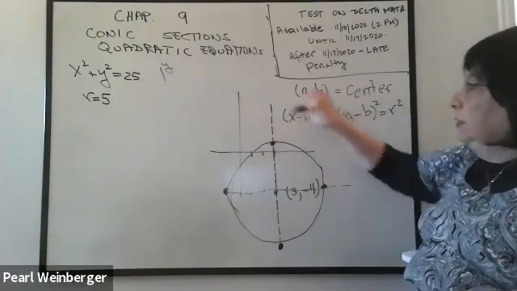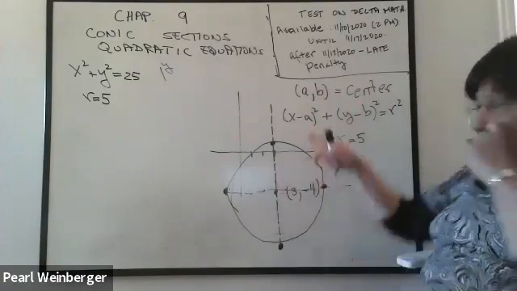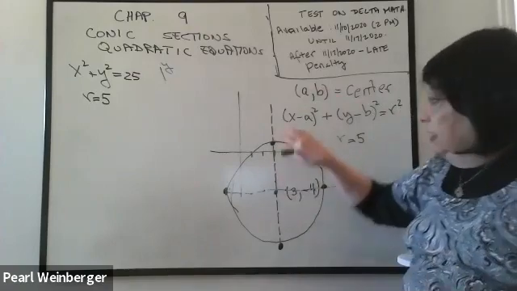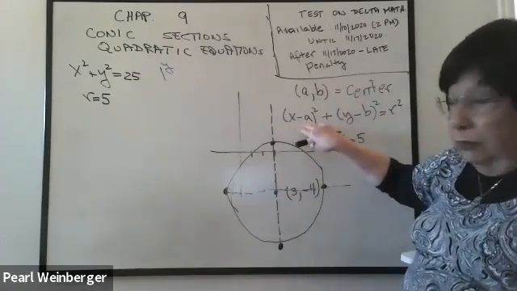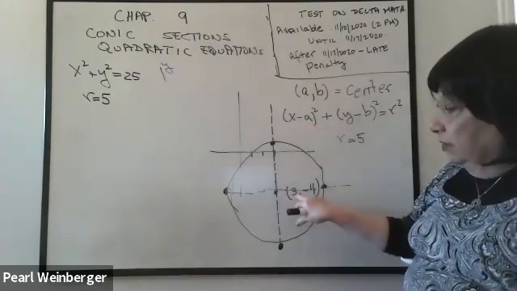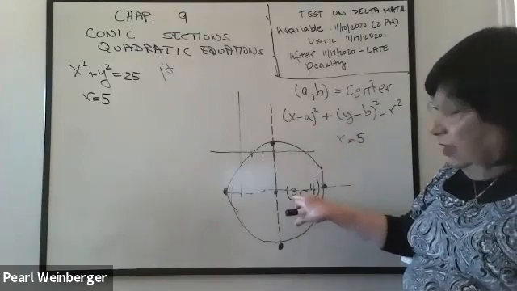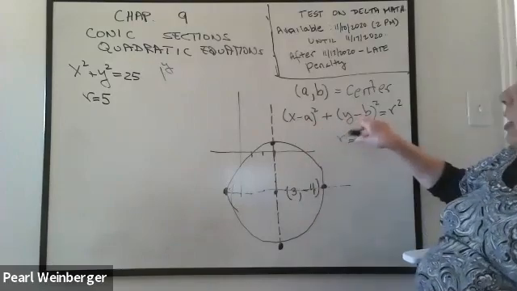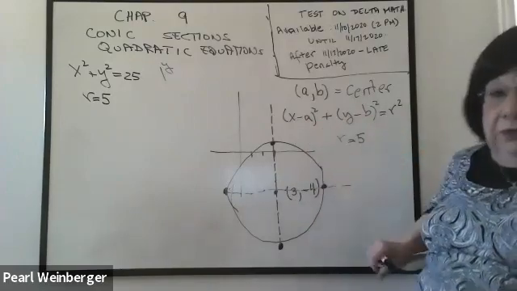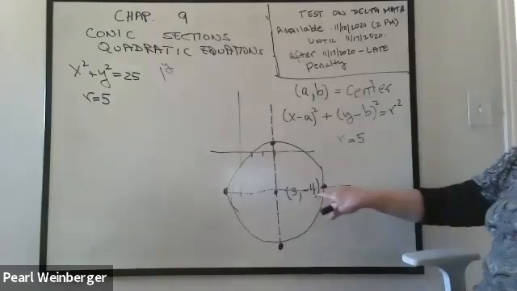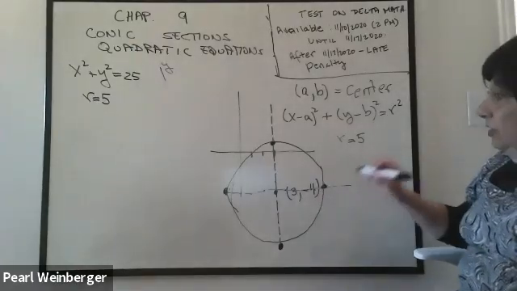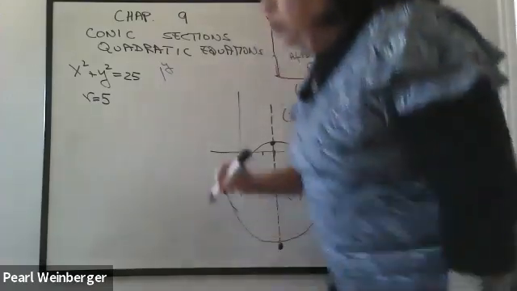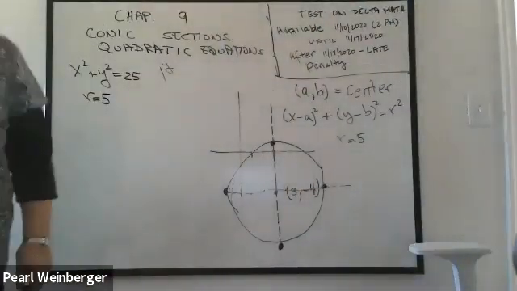Again, you're going to have an x squared and a y squared term, but the x is going to be inside parentheses with a number, and that number is the x of the center. And the y is going to be in parentheses with the y value of the center. You have to be careful about this. Here's what the equation turns out to be.